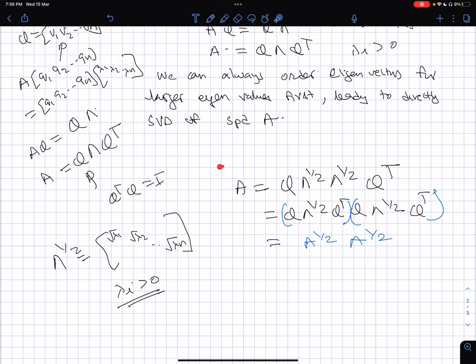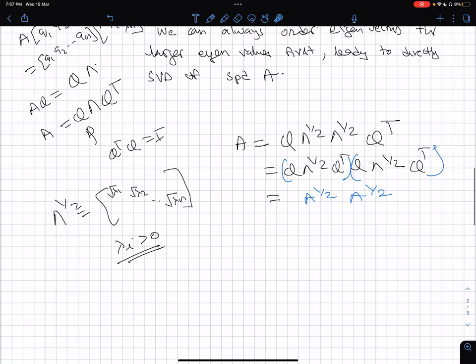So this matrix is essentially called the square root of the SPD matrix A. We are saying now that an SPD matrix has a square root, and when you square it, you get matrix A, and this square root matrix is also symmetric. Now you take the QR decomposition. This matrix is also SPD because all of its eigenvalues are greater than 0, and it is non-singular because all its eigenvalues are greater than 0.